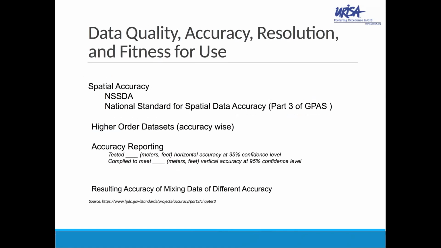When talking about data quality, accuracy, resolution, and fitness for use, the gold standard that we currently have is the national standard for spatial data accuracy. If you download it, I think it's a 30-page PDF, including a number of appendices.